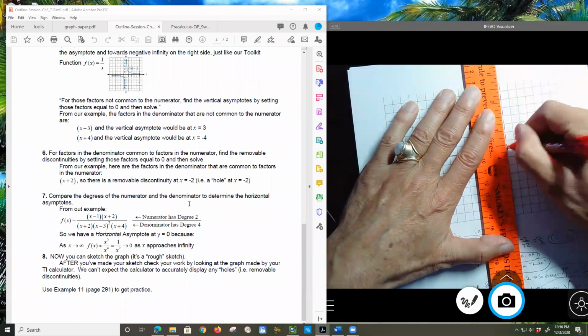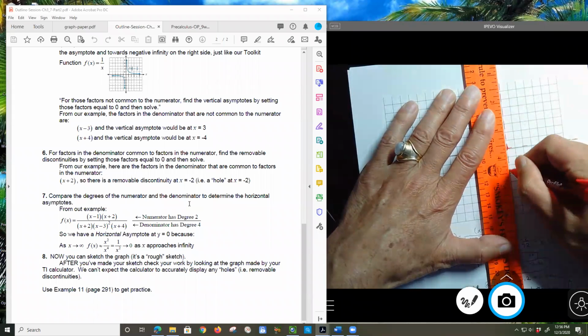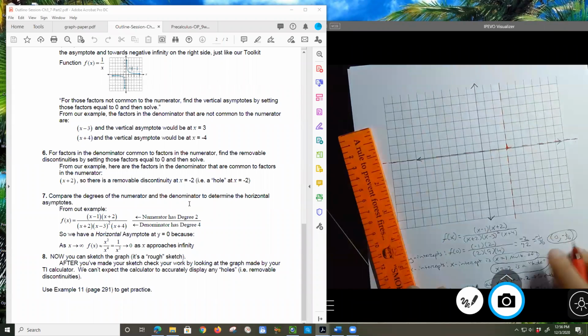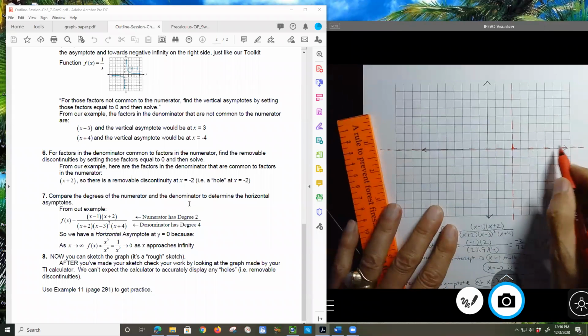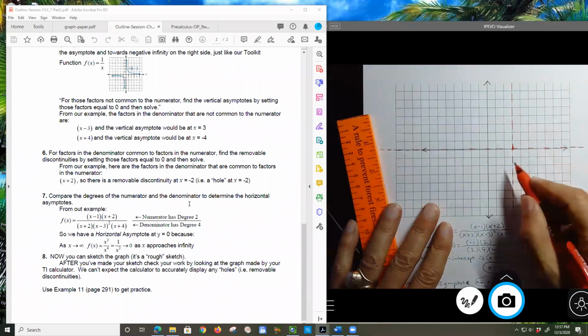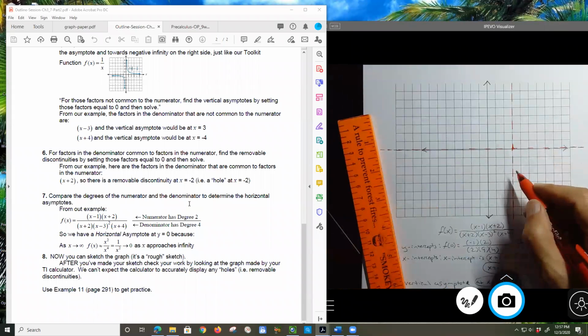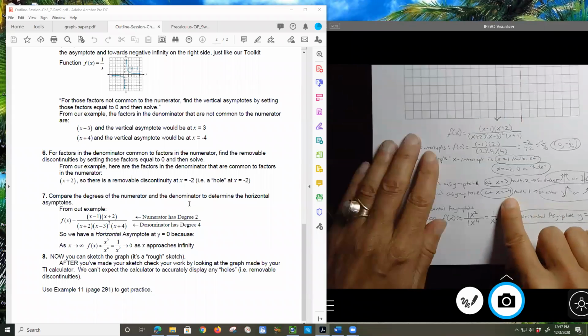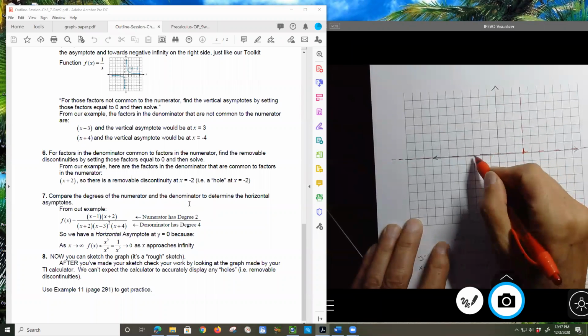So when it comes to vertical asymptotes, the graph cannot cross it. No messing around with a vertical asymptote. Horizontal asymptote, it can cross that, all right? But the vertical ones, no way. And our other vertical asymptote is at -4. So let's go 1, 2, 3, 4.